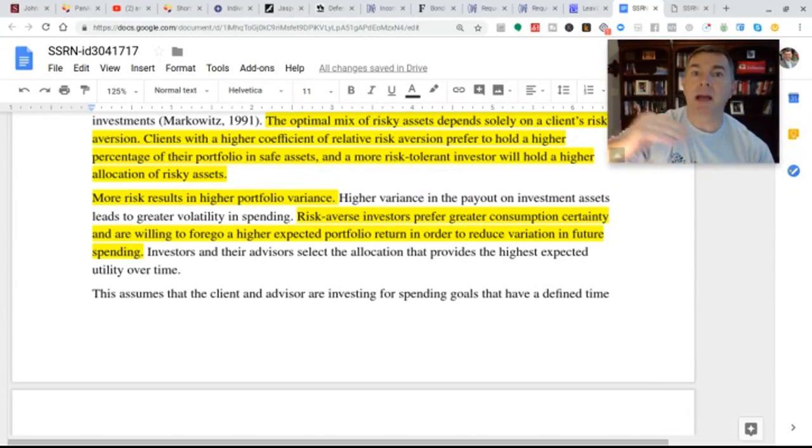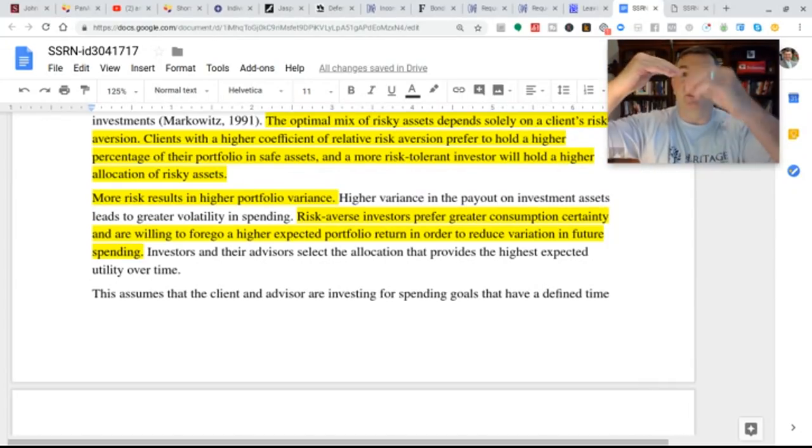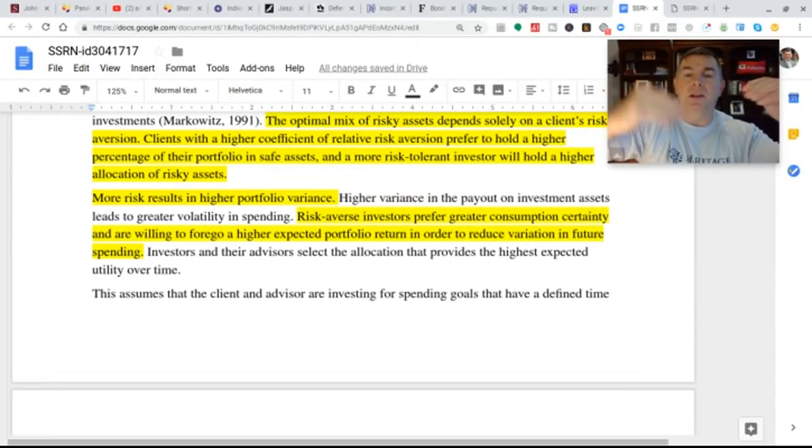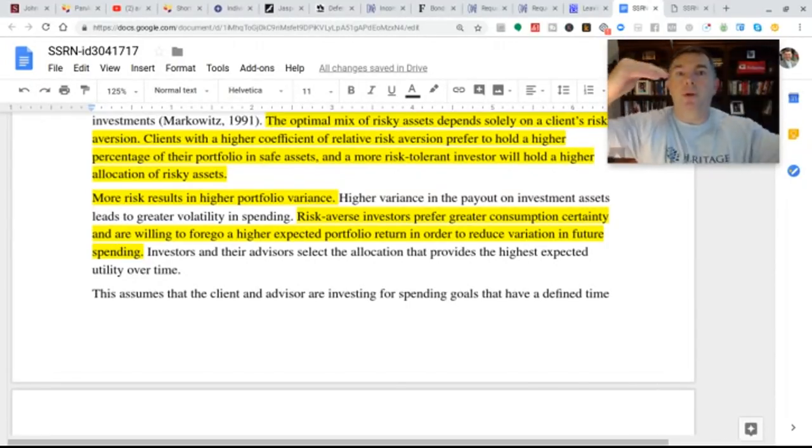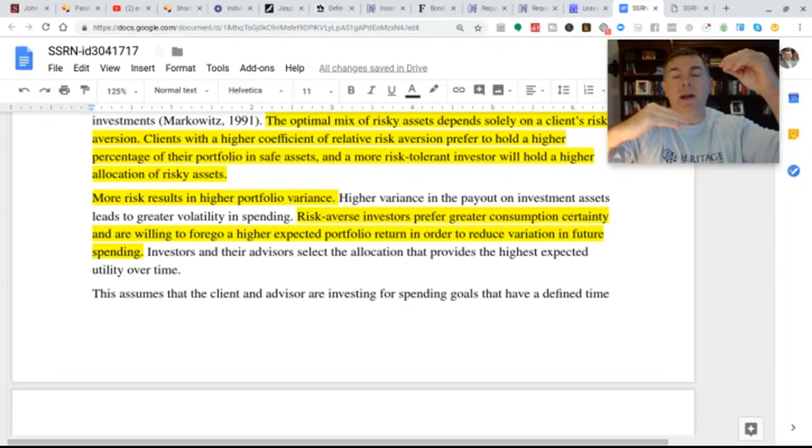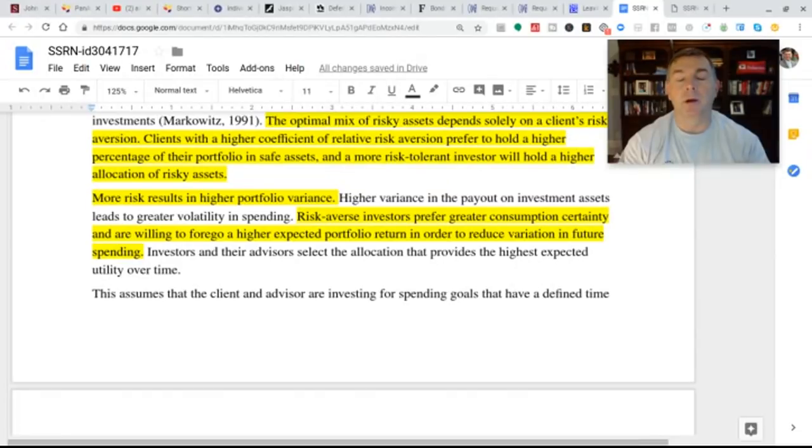You don't know if it's going to be up or down. But if you're taking money out on a steady basis, stocks going like this and you're pulling a systematic withdrawal out of it, sometimes you're going to pull money out when the stocks are way down here, and that's not good. So that's a higher-variance portfolio, more risk.